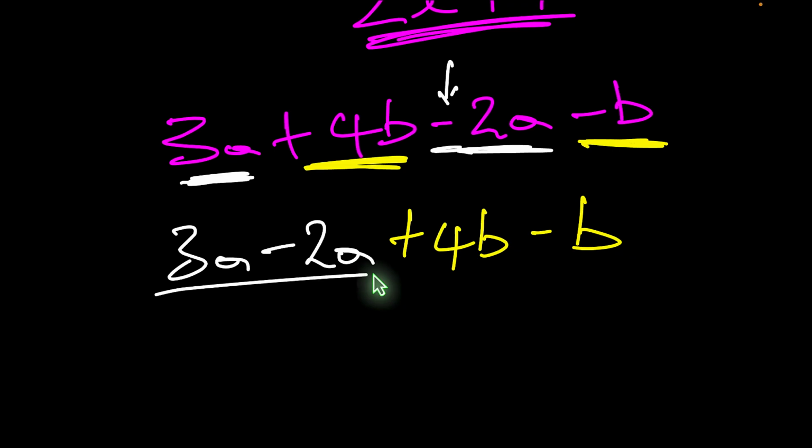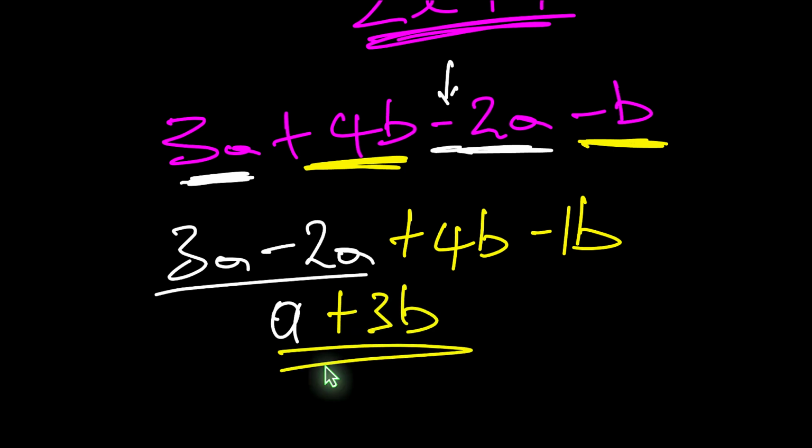So 3a minus 2a, that leaves us with just 1a, or you can simply write that as a. And this plus 4b minus b. So see this minus b as 1b. So what you actually have is 4 take away 1. And that leaves us with this plus 3b. And that's our final answer there, because we cannot add the a's and the b's together.